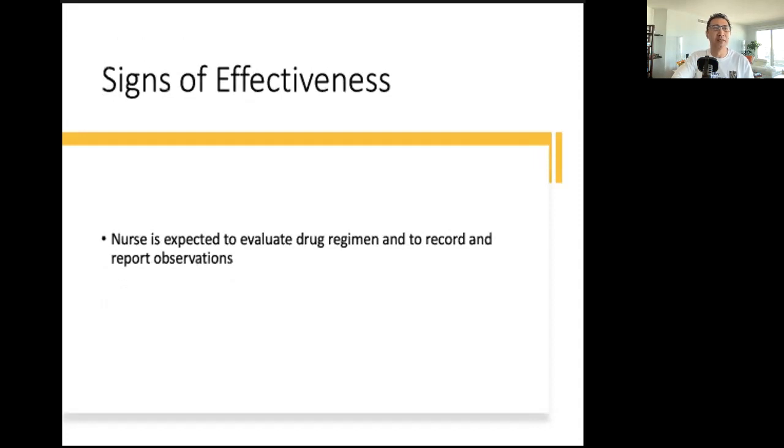Signs of effectiveness. Especially with the PRN medications, when you give something, let's say nausea medicine, pain medicine, anxiety medicine, it's also expected for you to evaluate the effectiveness of it.